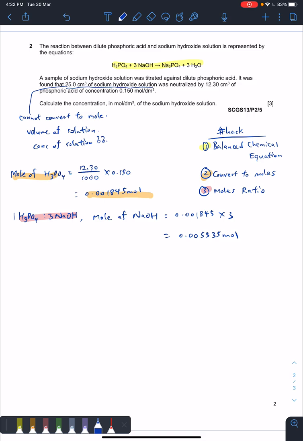So now they want you to find the concentration. So the concentration of NaOH is 0.005535 divided by the volume, which is 25 over 1000.